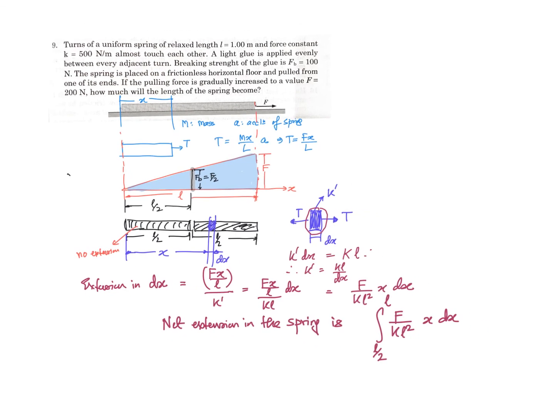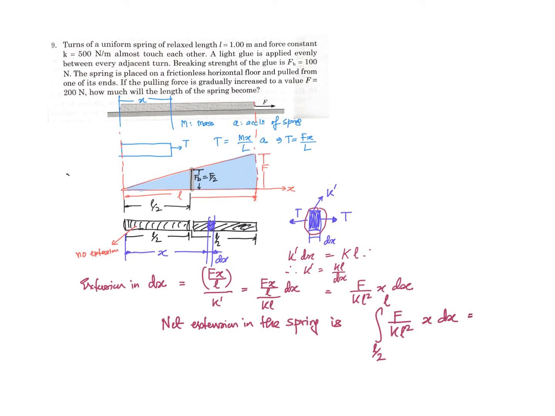So that comes out to be F by 2kL squared multiplied by L squared minus L squared by 4. So that is 3F by 8k.